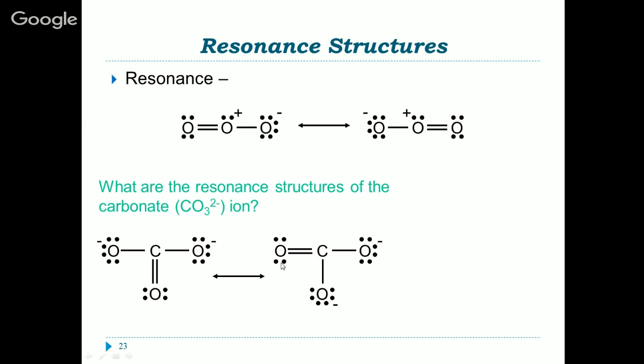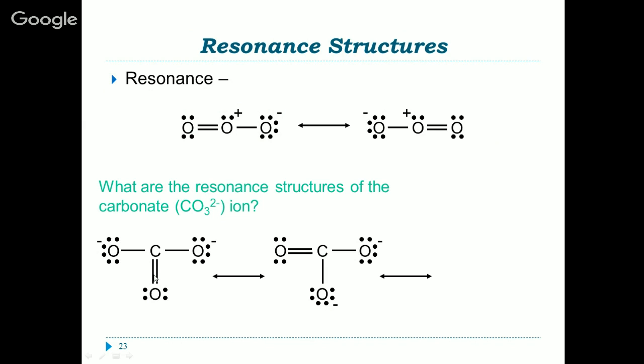So if we push the double bond up here, that basically means that the extra electrons that were here now go down here. Why? Because I have to follow the octet rule. 8 is great. 2, 4, 6, 8, 2, 4, 6, 8. Not changing the number of electrons that are associated with these atoms. Just how they are associated.